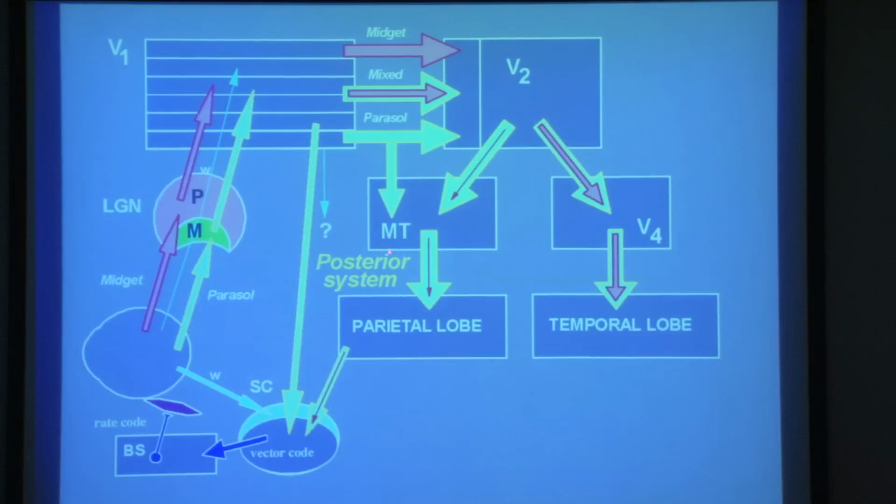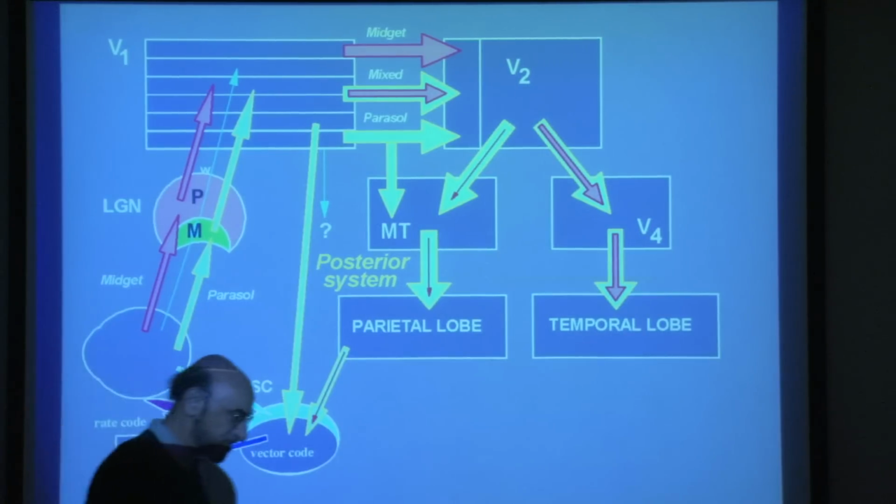And MT, on the other hand, is dominated by input from the parasol system, but it's not exclusive. So in the end, the colliculus also gets an input from the midget system, but the heaviest input to it is indeed from the parasol system.